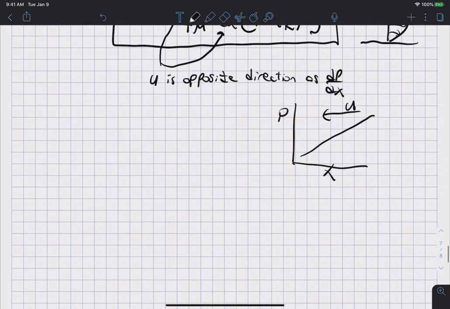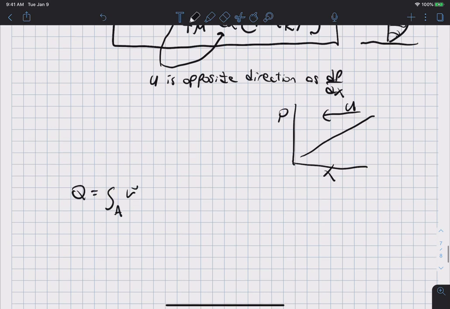And so Q equals the integral over any area of v dot n hat dA. And here we are integrating in the pipe.